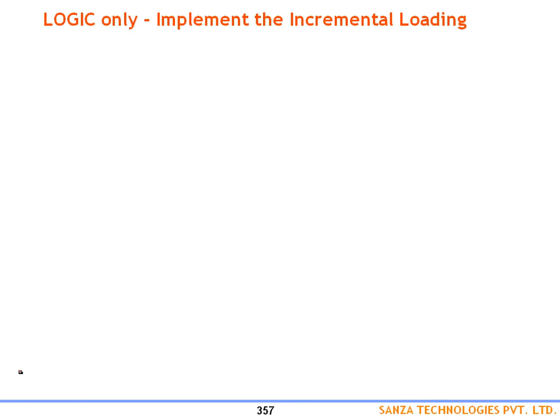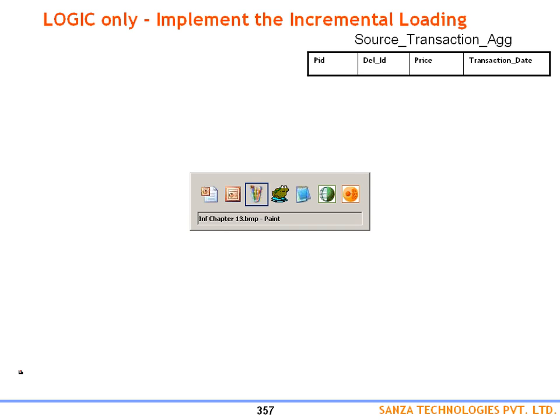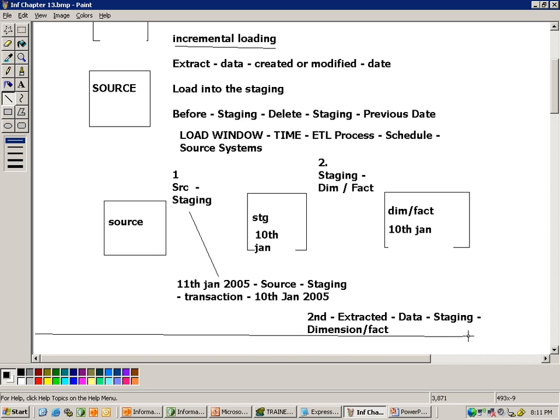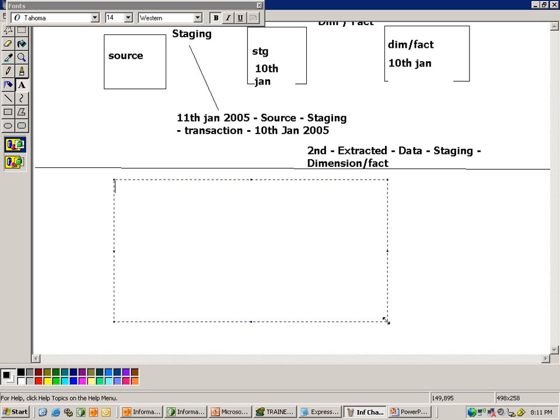Now, let's go back again. First step. What are we doing here? What we require is a very simple logic. One, you have to delete the data in the staging before you load the data into it. That is, delete the previous data which is there.